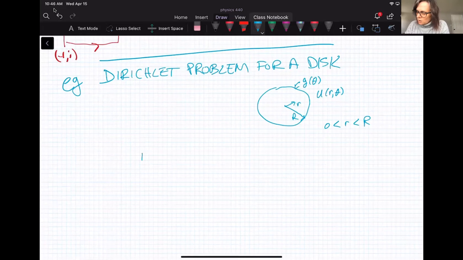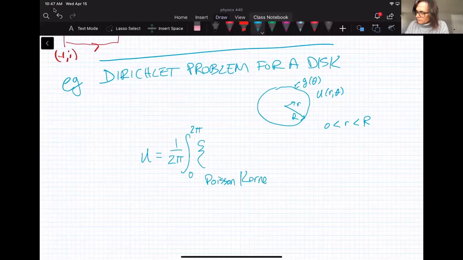Well, you can show that the temperature is equal to 1 over 2 pi, the integral from 0 to 2 pi, of what's called the Poisson kernel, which is capital R squared minus little r squared over R squared minus 2Rr cosine theta plus little r squared, times your boundary value, d theta.